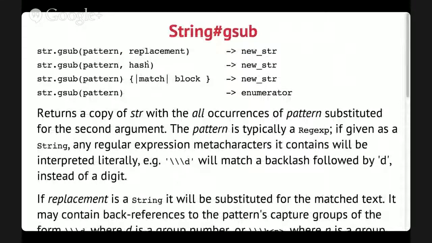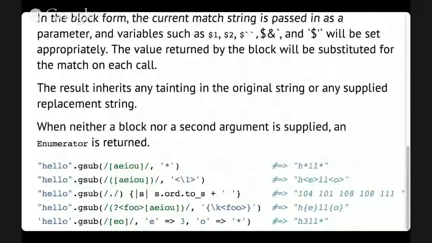So let's look at one of the more powerful string methods. gsub is also known as global substitution. And what it does is it substitutes, it has a pattern and a replacement. And for every time it finds that pattern, it replaces it with its other argument. So we can see some examples down here. So we have a regular expression here, and we're substituting all the vowels in hello with stars.